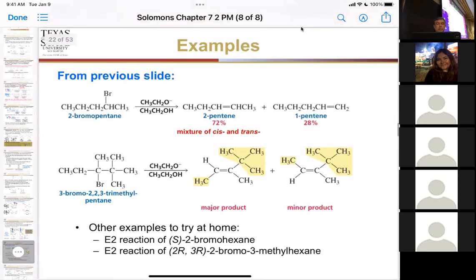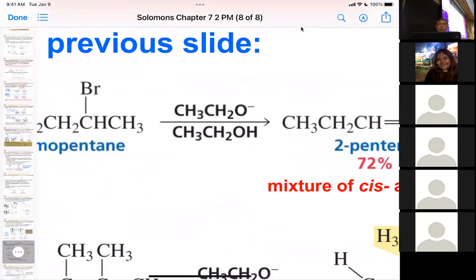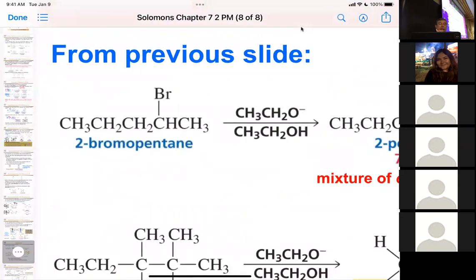All right, so let's do a couple examples here. So we're looking at a secondary alkyl halide, and we have a good base. It's a small base, so we don't have to worry about it forcing it with the Hofmann rule, so we can use Zaitsev's rule, okay? So we have choices.